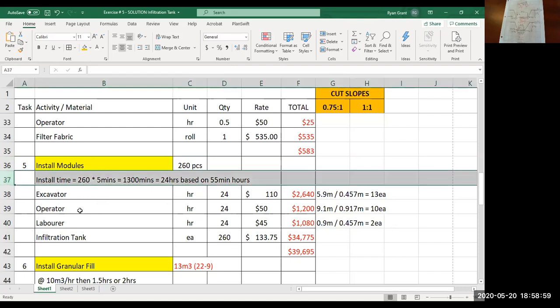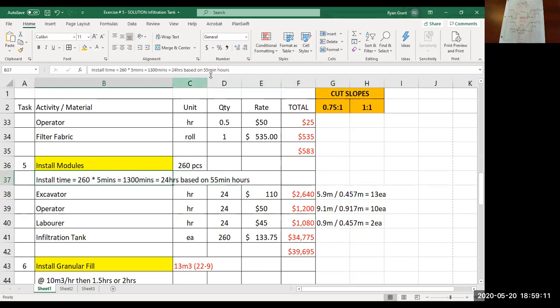Here's our install time. You're told in the question that each individual module takes 5 minutes. So 260 individual modules times 5 minutes each is 1,300 minutes.